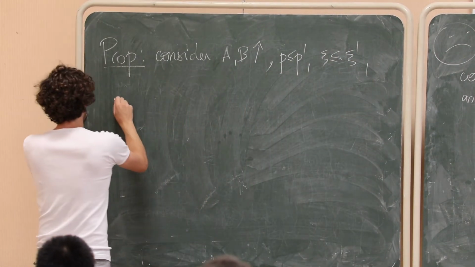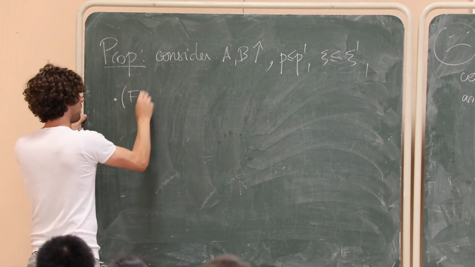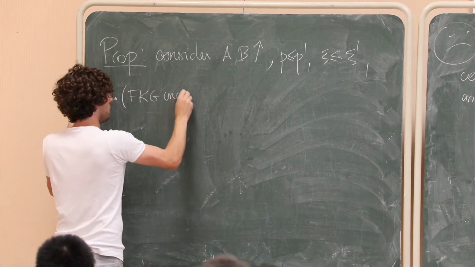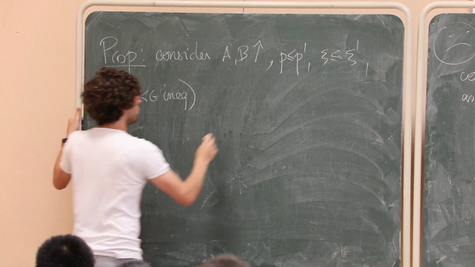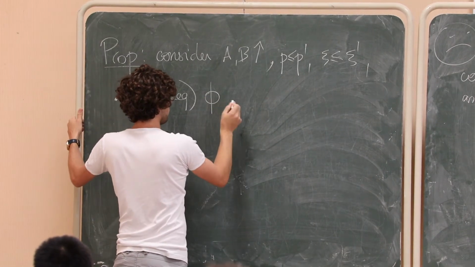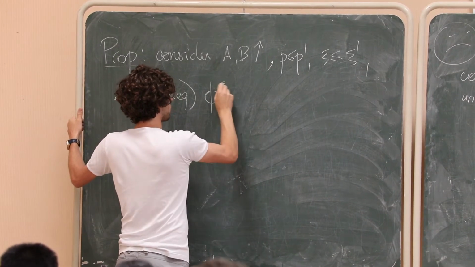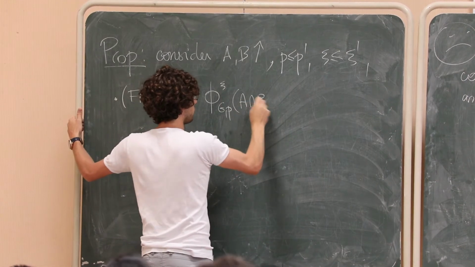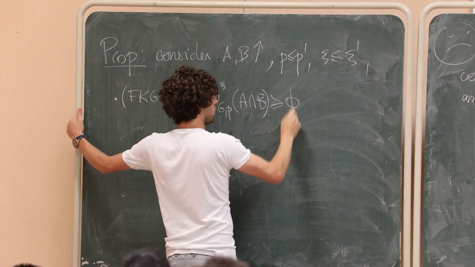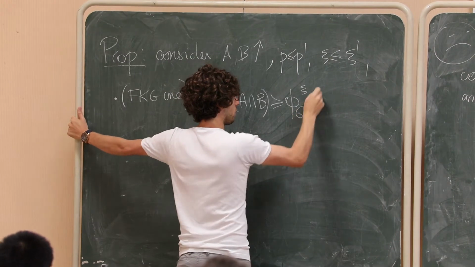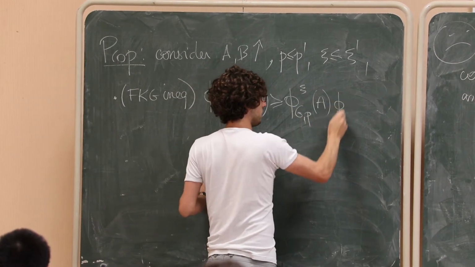Then I have the three following properties. The first one is the FKG inequality. It tells you that phi g p psi of A intersected with B is larger or equal to the product of the probabilities.